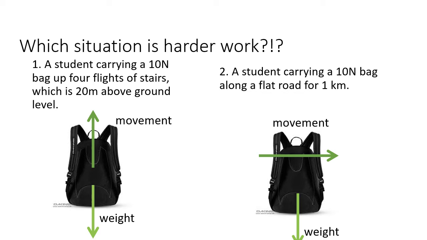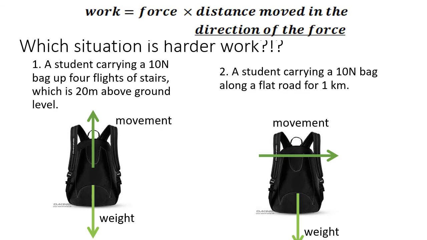That is the situation where work is done. But in situation 2, there is no work done because the force and movement are not in the same line. According to the definition I have told you, the force and distance should be in the same direction, or parallel to each other.